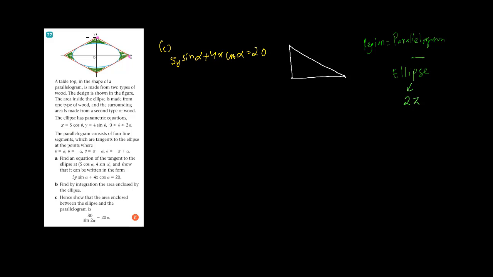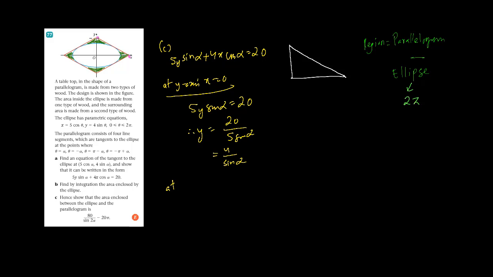So where does the tangent cut the y-axis? At the y-axis, x equals 0. If I put x equals 0, it would be 5y sine alpha equals 20. This term becomes 0. Therefore y equals 20 by 5 sine alpha, so it will be 4 by sine alpha.